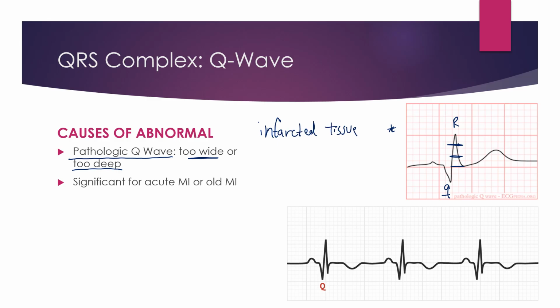So a patient has had a heart attack, okay, and that tissue is dead. That is when you see pathological Q waves. When we talk about STEMIs, we'll talk about this a little bit more. Pathological Q waves can show up with an active MI, an active heart attack, but they persist after the heart attack as well.